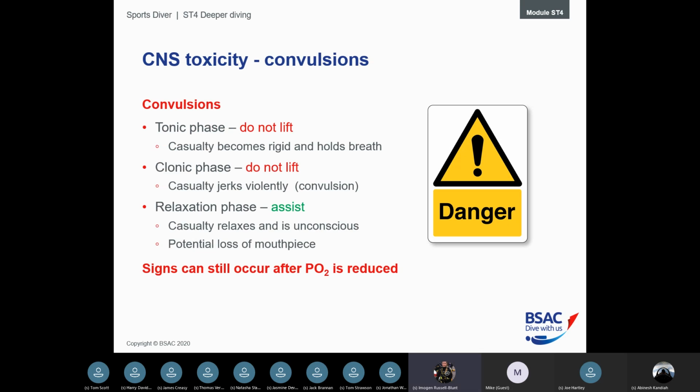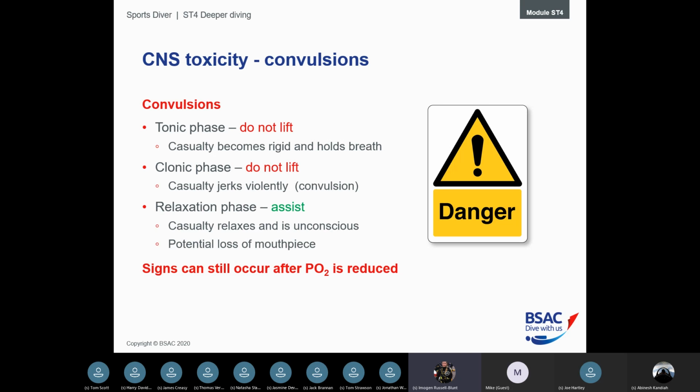The convulsions come in different phases, so they can occur in any order. I'll put them all on the screen. So you've got your tonic, clonic, and relaxation phase. They don't necessarily go through in this order, and they might not experience all of these phases.